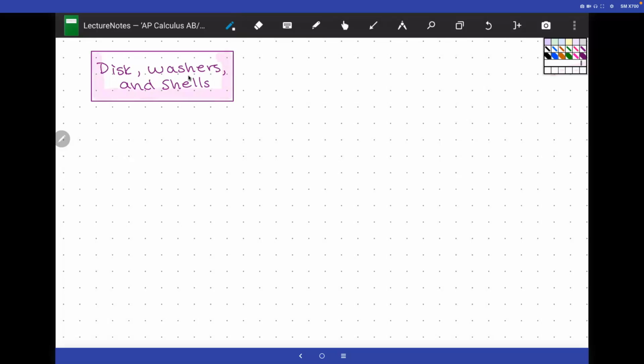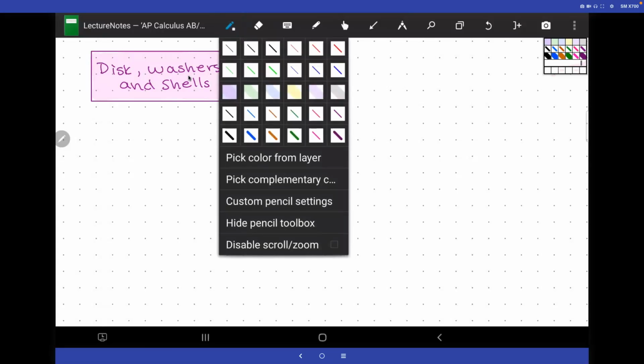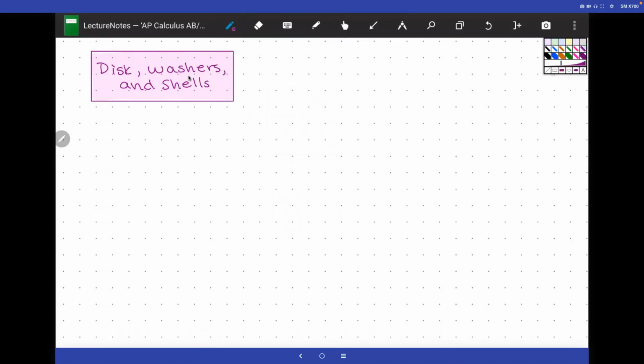So there is a little something. I don't know if anybody noticed this. I actually don't know if it showed up in any of your problems on the homework. But just in case. It's typically with discs and washers, but I suppose it could happen in shells. You know how with cross sections, you knew it was going to be a volume by cross sections because it mentions the word cross section.